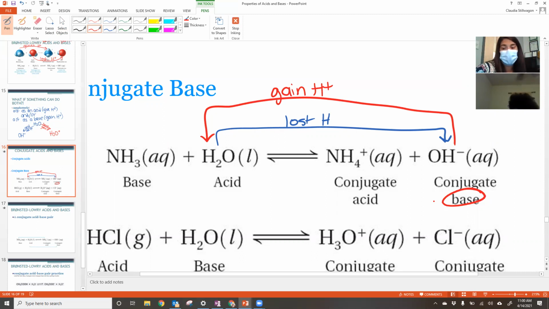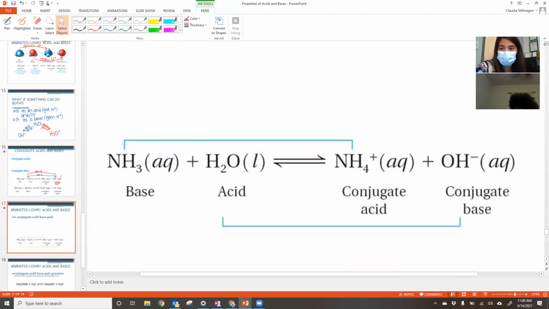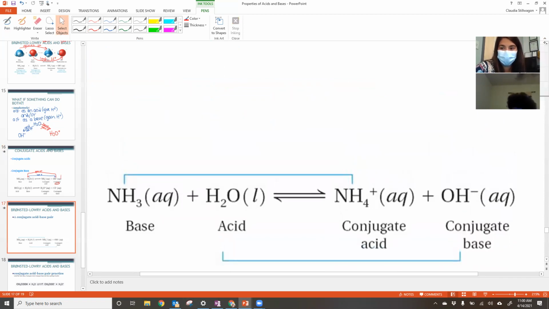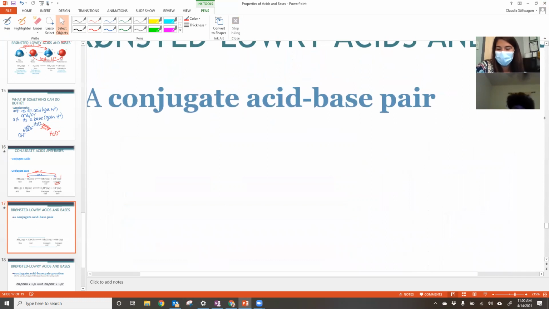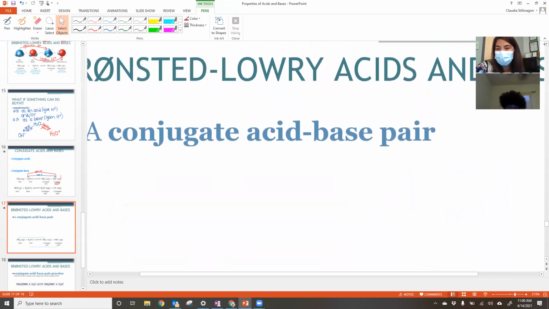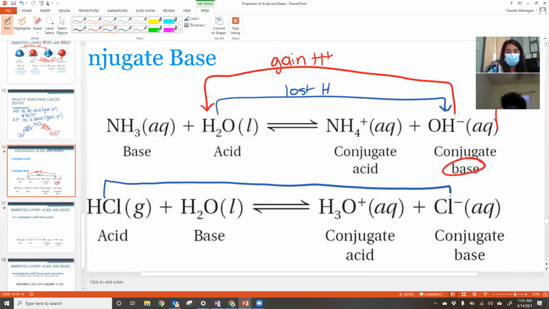So when you look at this next example, when you look at HCl going this way, HCl became Cl.